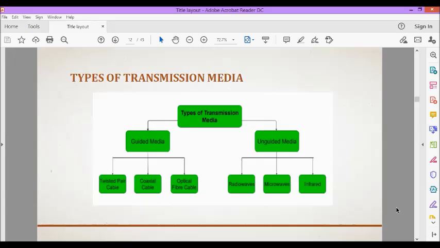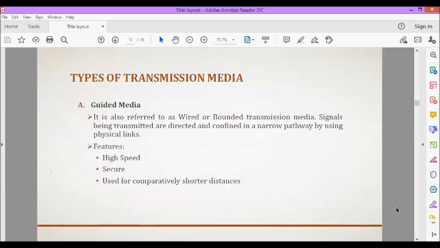So let's define the different types of transmission media. The first one is the guided media. It is also referred to as wired or bounded transmission media. Signals being transmitted are directed and confined in a narrow pathway by using physical links.